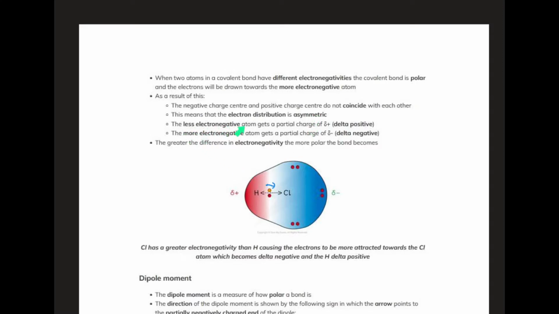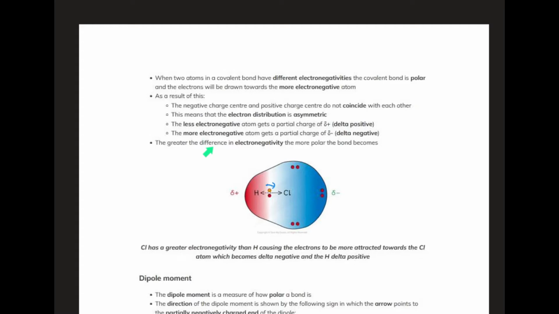The less electronegative atom gets a partial charge of delta positive, and the more electronegative atom gets a partial charge of delta negative, which is here. The greater the difference in electronegativity, the more polar the bond becomes.